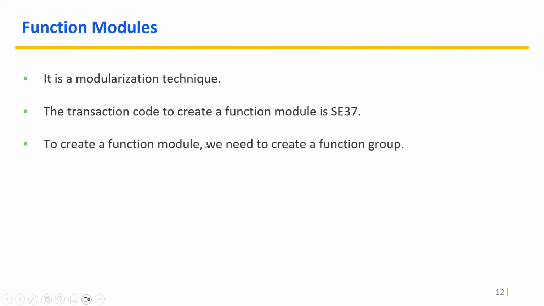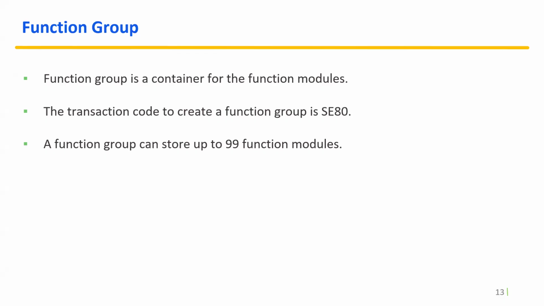A function group is a container of all the function modules, where we can store all the function modules in one place. This function group can be created using the SE80 transaction code.